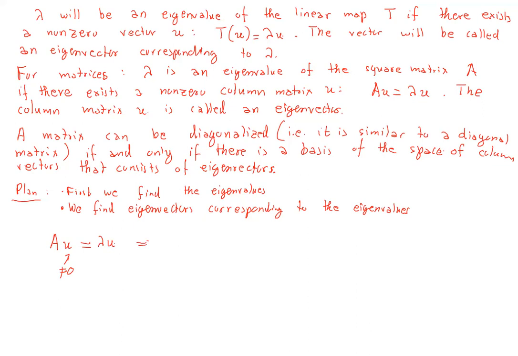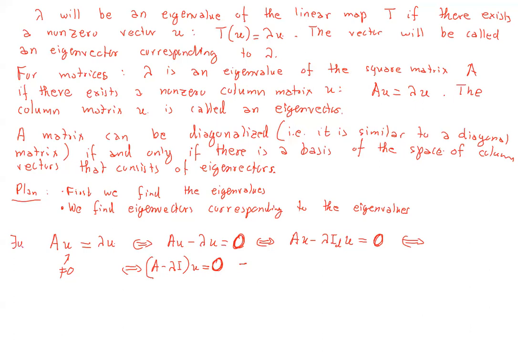So that would mean that AU minus lambda U is equal to the zero column vector, which is the same thing as saying that A minus lambda times the identity matrix times U is equal to the zero vector. That tells you right away that there exists U such that this is true.